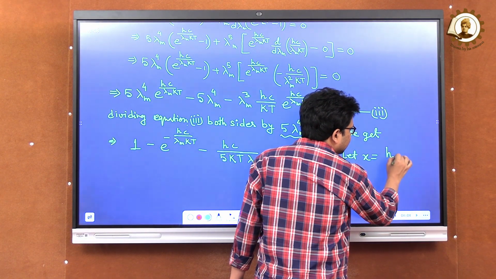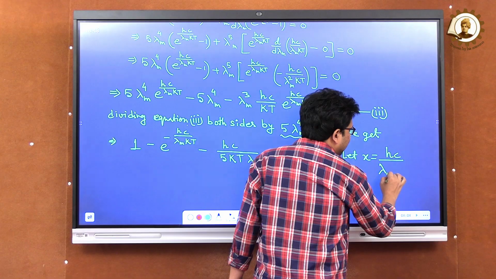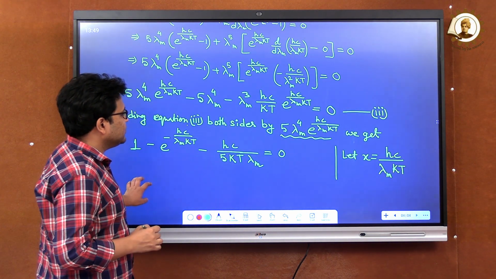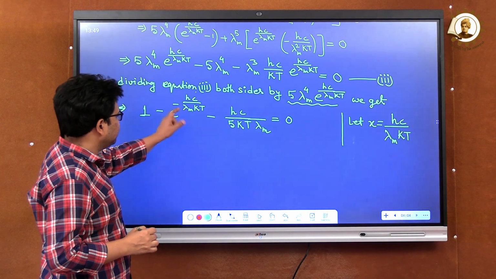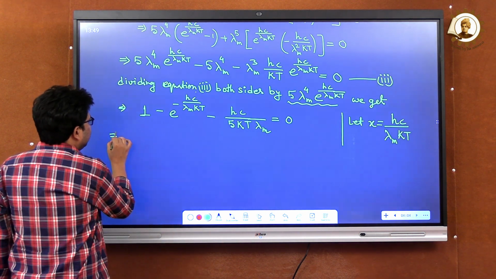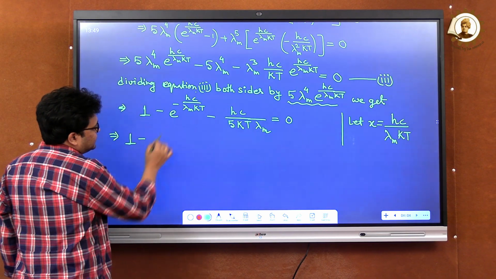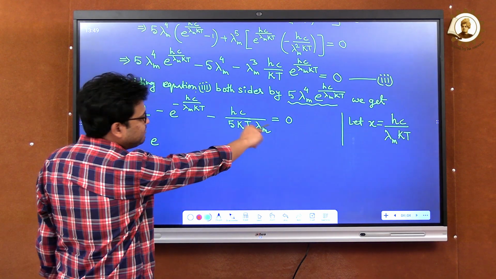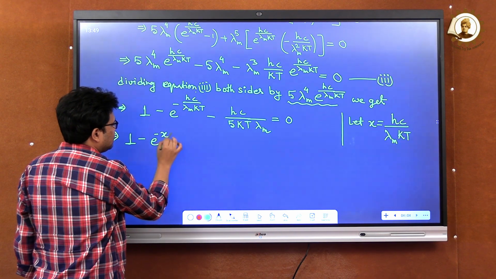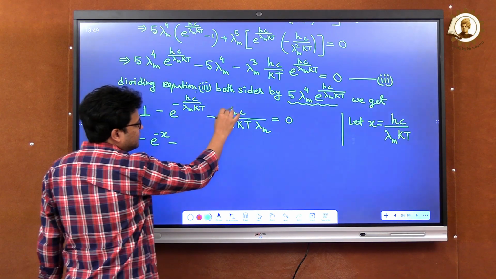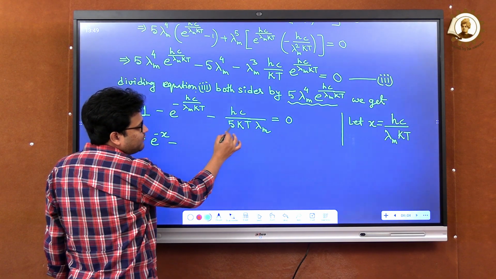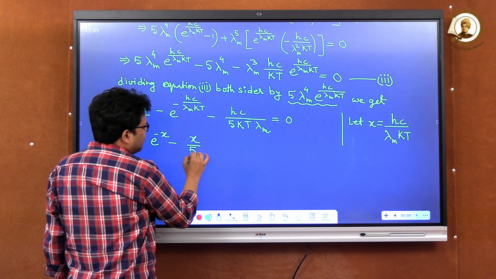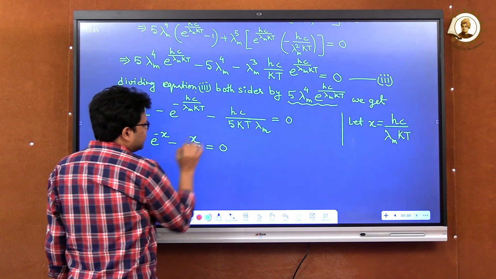So what do we get from this expression? We have 1 minus e to the power minus hc by lambda m kt, that means minus x, minus this term, which is nothing but hc by 5 lambda m kt, so we have x by 5, equals 0.